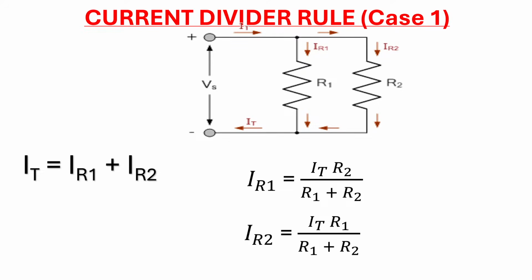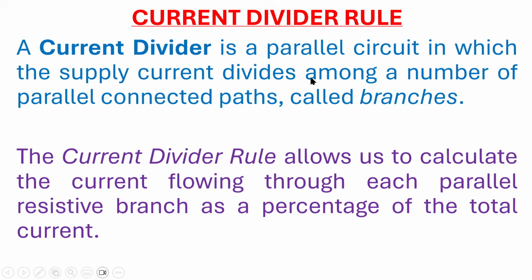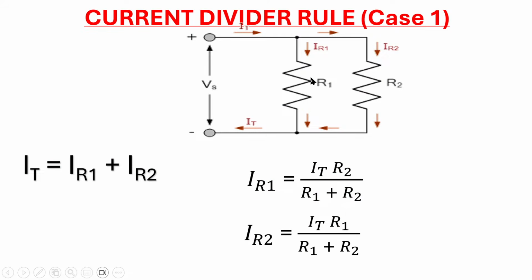Look at what the current divider says. If you want to look for the current flowing through resistor R1, which is I1, you take the total current IT, multiply it by the other resistance, R2, divided by R1 plus R2. Take note, if you want to look for the current here, you take the total current flowing in the circuit, you multiply by the other resistance and you divide it by R1 plus R2.